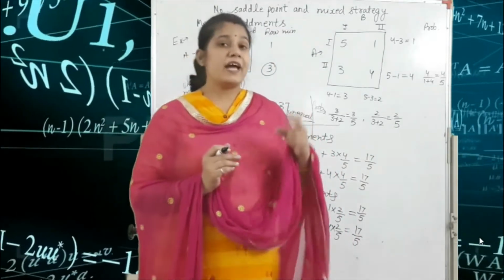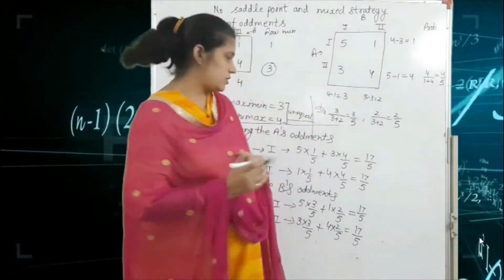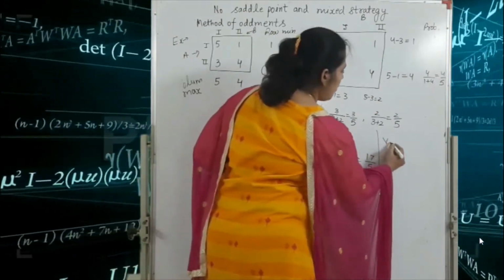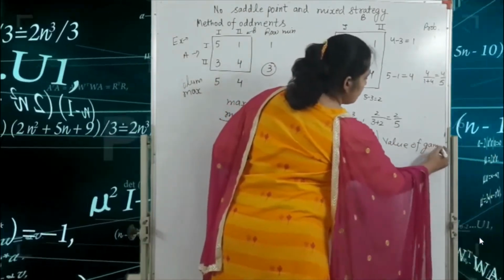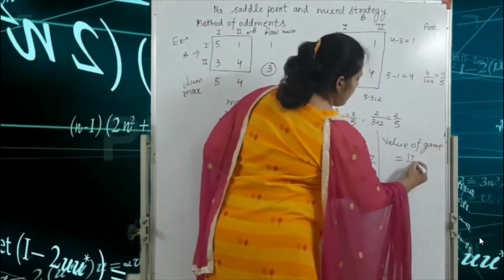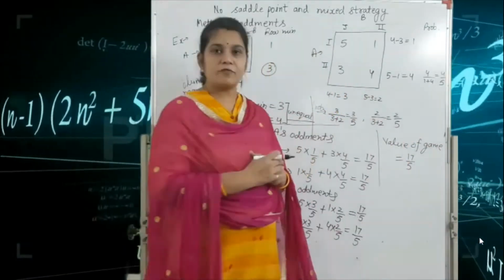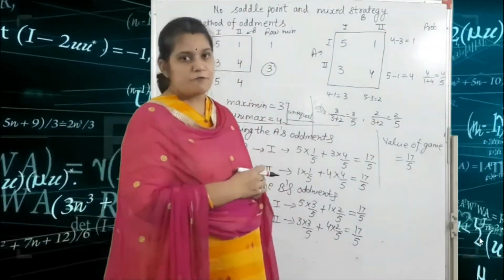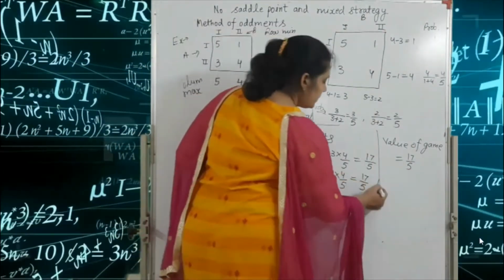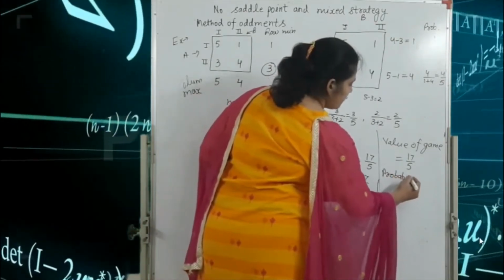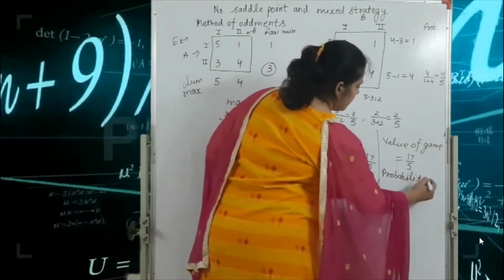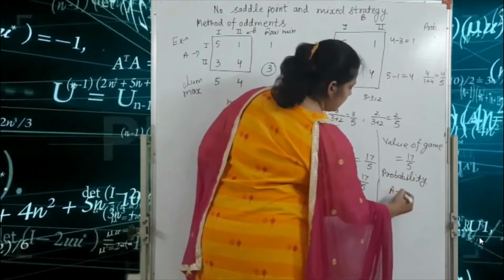So the value of the game is equal to what? The value of the game is equal to 17 by 5. And the probability of player A is equal to what?